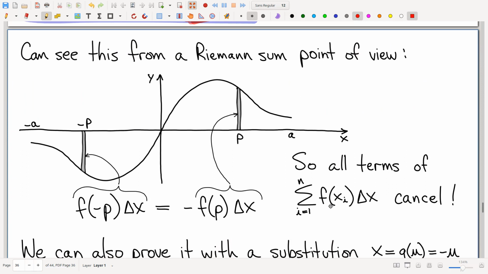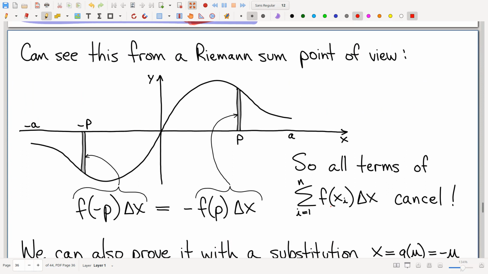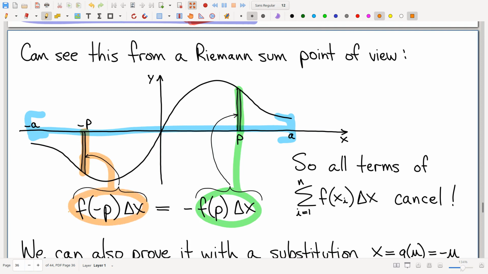But you can take different points of view on why this is true. I like the Riemann sum point of view because you can imagine, if you're looking at your symmetric domain from negative a to a, and you imagine slicing this up, you could look at a piece over here for which the corresponding term in the Riemann sum is like that, and you could look at this term over here for which the corresponding term in the Riemann sum is like this, and these are negatives of each other.